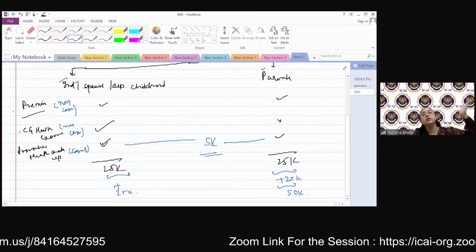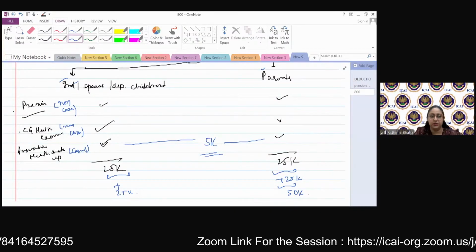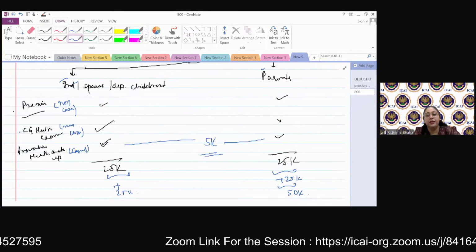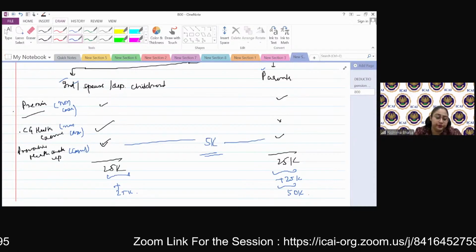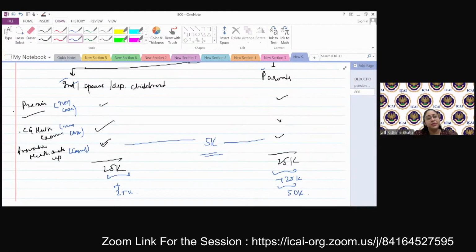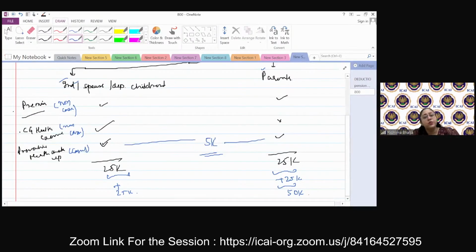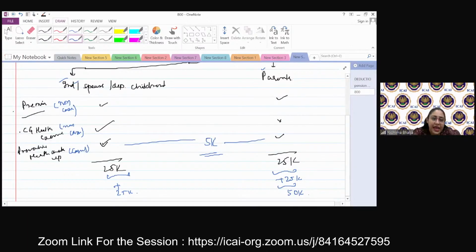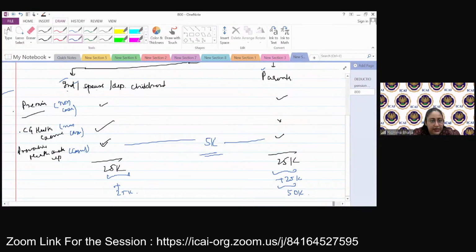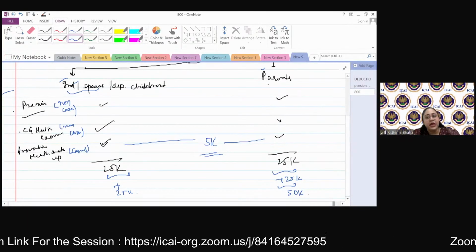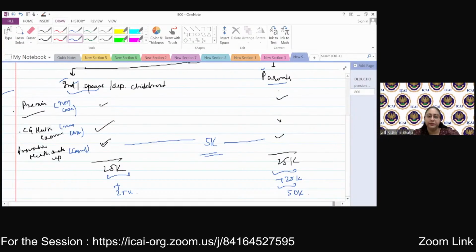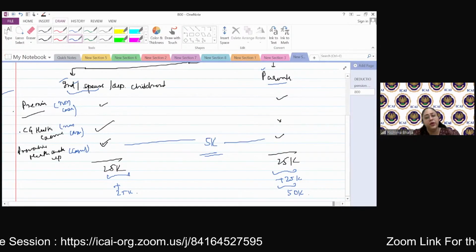That is when you're also 60 plus and your parents are also 60 plus. Now, suppose I am not 60 plus, my spouse is 60 plus, then also it would be increased by 25. So any of them in this particular category 60 or plus, additional 25.